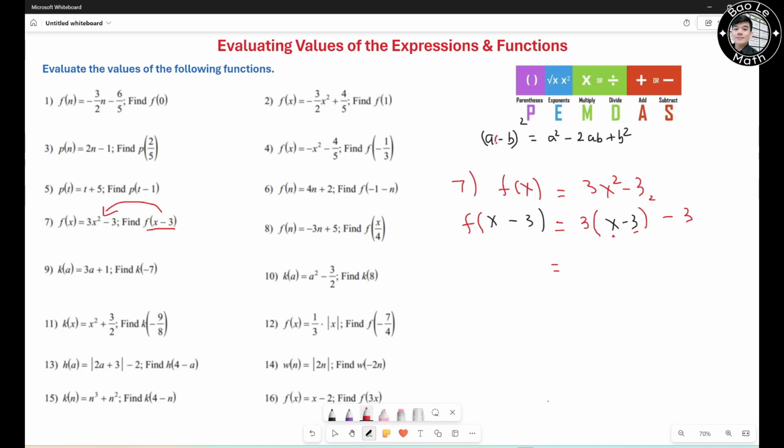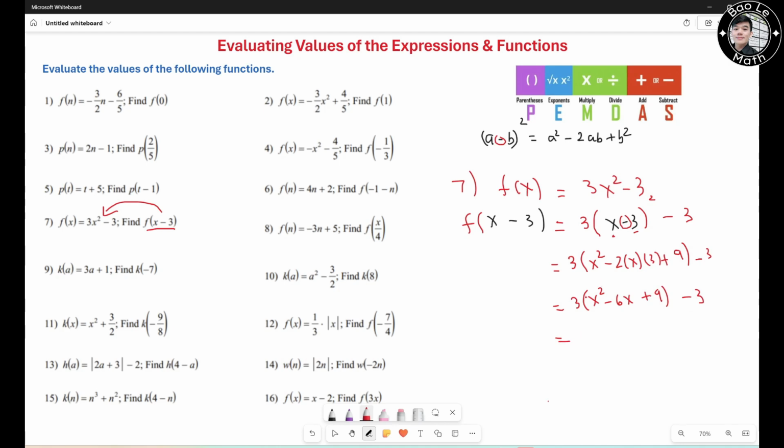So we have 3 times a squared, which means s squared, minus 2 times a, which means times s, times b, which means times 3, plus b squared, which means 9, because 3 squared equals 9, minus 3. Now I need to simplify inside the parentheses. So 3 times s squared minus 2 times 3 is negative 6s plus 9 minus 3.